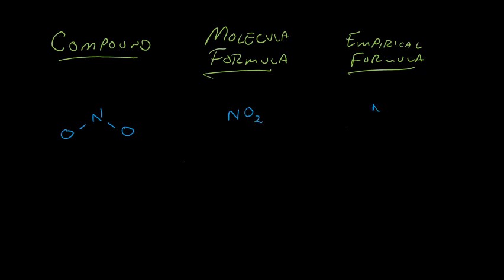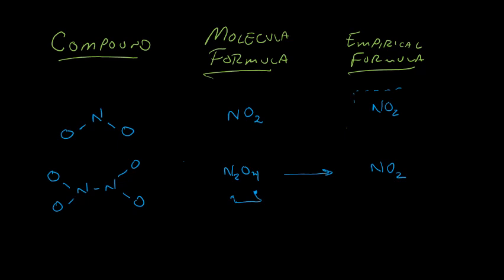The empirical formula is also NO2, but there's also a compound that contains 2 nitrogens and 4 oxygens. It would be dinitrogen tetraoxide. Right? So the molecular formula would be this, and the empirical formula, now if we try to express this ratio of 2 to 4 in the lowest common terms, or the simplest terms, that would be NO2. Okay.